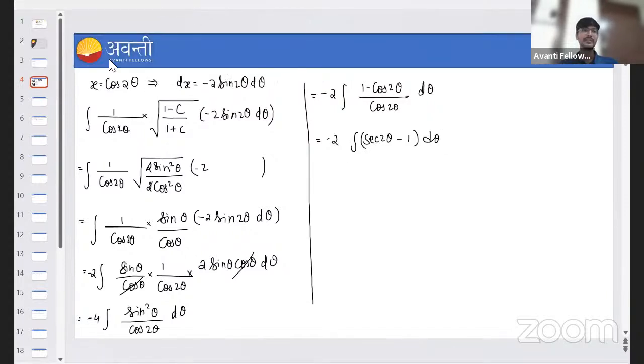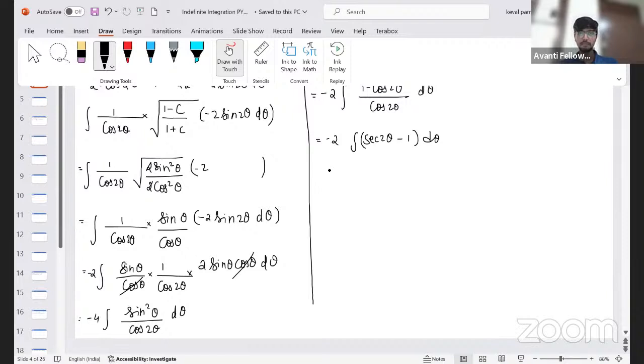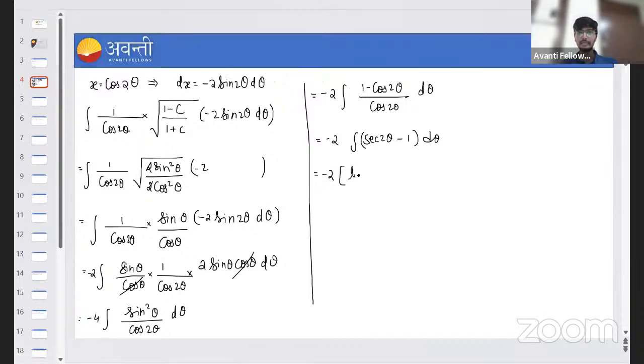So what is the integration of sec 2 theta? Minus 2, it will be ln, do you remember, of sec 2 theta plus tan 2 theta, upon 2, minus what is the integration of 1?